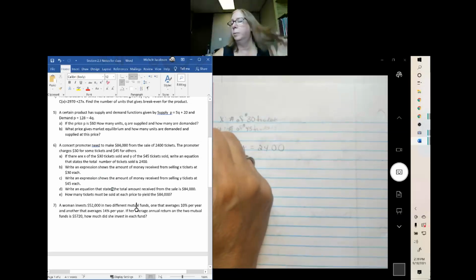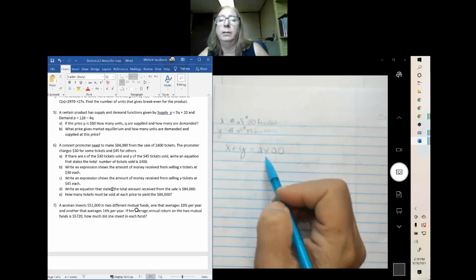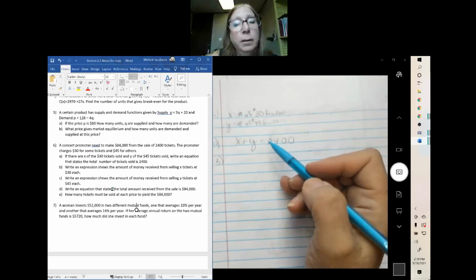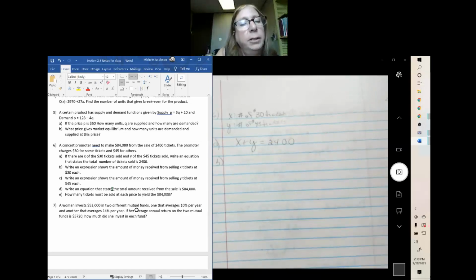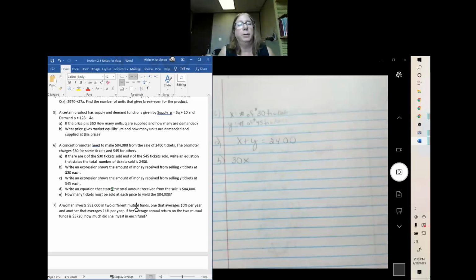Now the second part wants you to write an expression. This is an equation because it has an equal sign. An expression does not have an equal sign. Write an expression that shows the amount of money received from selling X tickets at $30 each. So if you're selling X tickets at $30 each, if you multiply them, that's how much money you're making, because each one is $30. So 30x gives us the amount of money that the $30 tickets bring in.